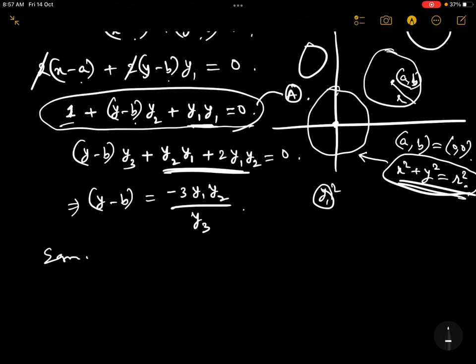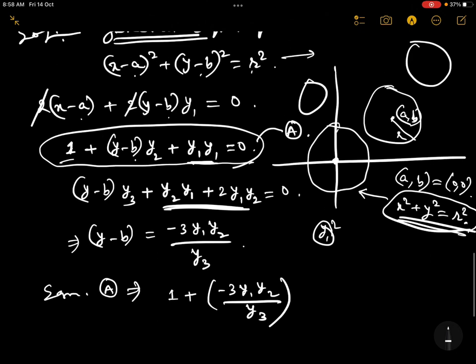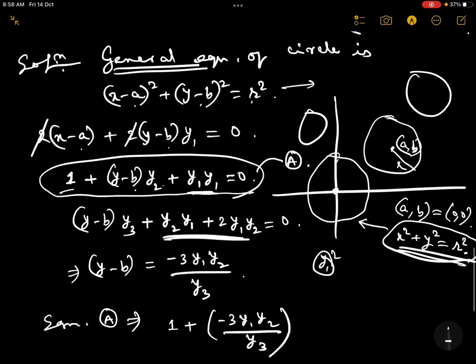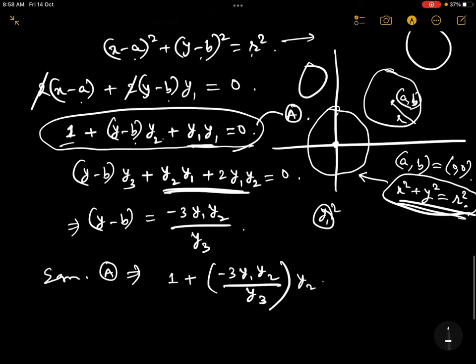So equation A implies 1 plus, instead of y minus b, you write this whole term, minus 3y1 y2 by y3, and then y2 is there, of course, y2 plus y1 square equals 0.